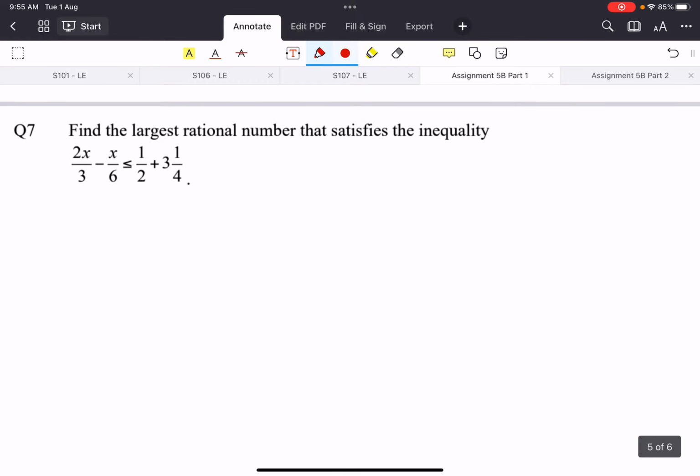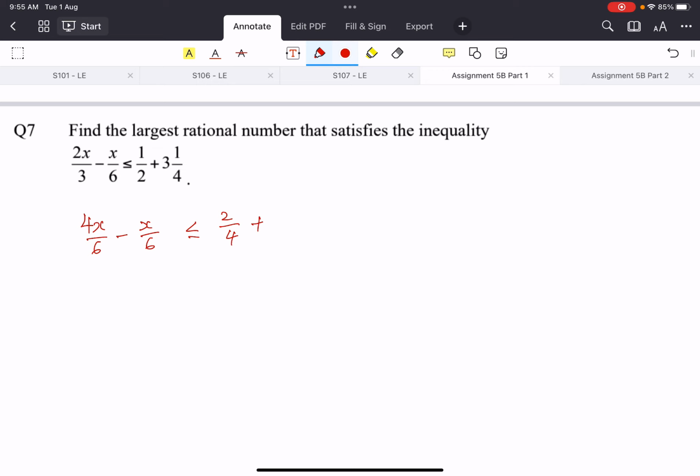Next example. This time around more fractions, but after a while you get the hang of it. It doesn't really hurt. It's just about trying to simplify step by step. So we go 4x over 6 minus x over 6, less than or equal to half. I can put it as 2 over 4 because that works.